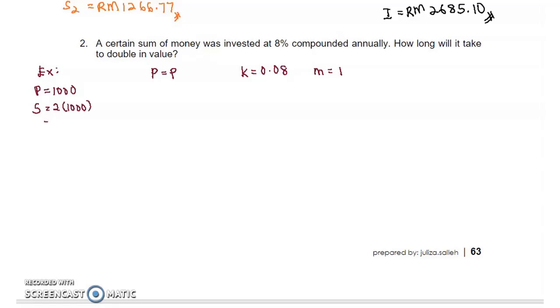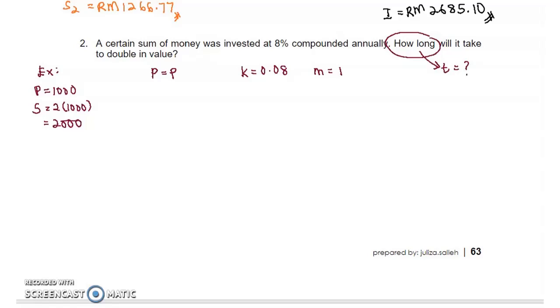Okay, you will get 2000. How long will it take to double in value? How long is referring to value t. So t is equivalent to how many years? So how to find this value?